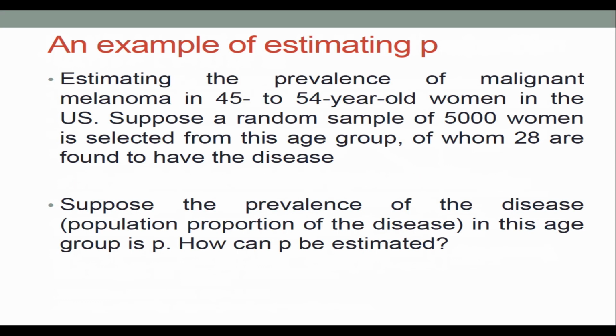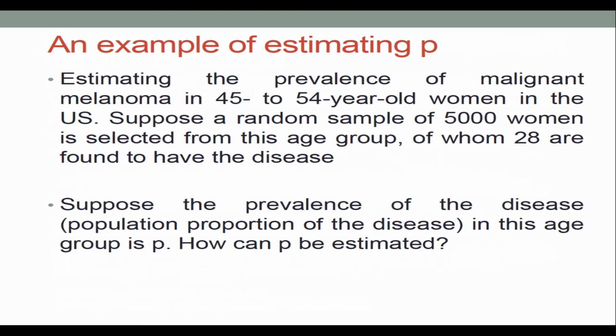Let's look at it through an example: the prevalence of malignant melanoma in 45 to 54 year old women in the US. Suppose a random sample of 5,000 women is selected, of whom 28 are found to have the disease.